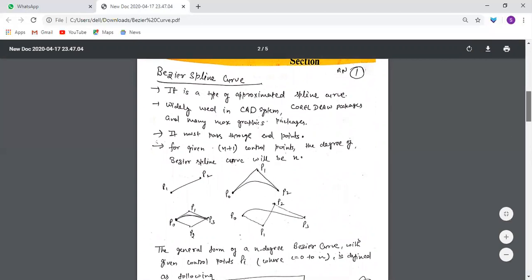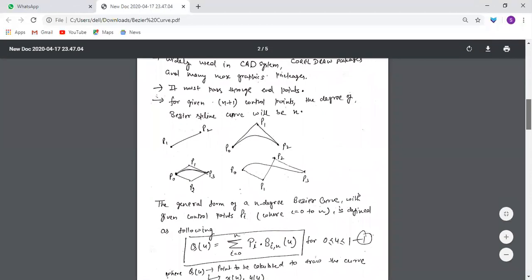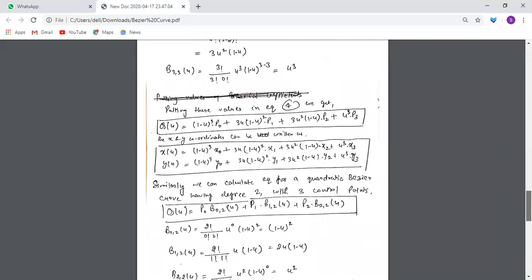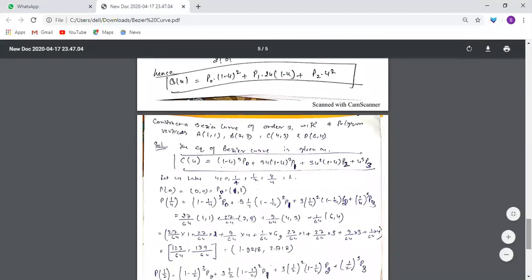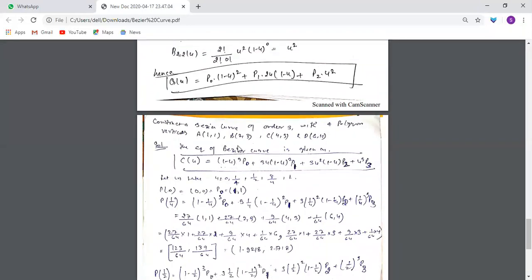In our question, instead of control points, they have used the words polygon vertices. So both are the same thing. Okay, so it is very clear that you have to make a curve of degree 3 because you are given 4 control points. So you have to create the cubic Bezier curve.